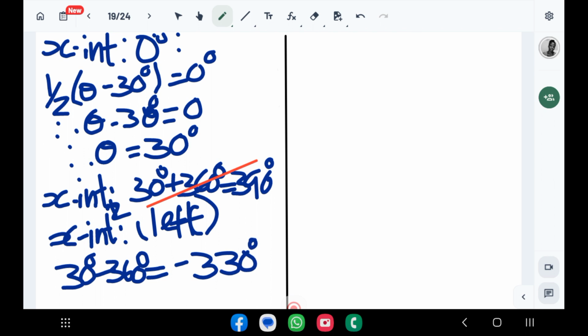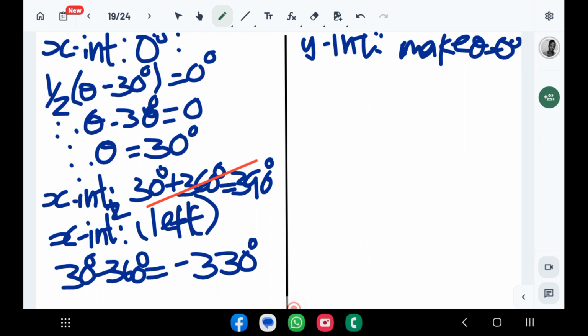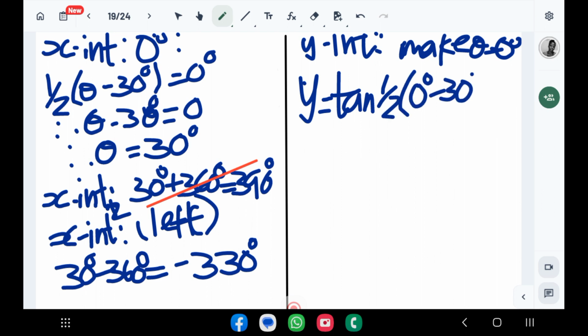Now, what is the y-intercept? For the y-intercept, you make x 0. In other words, in this case, you make theta 0. Y equals tan of half in bracket 0 degrees minus 30 degrees.